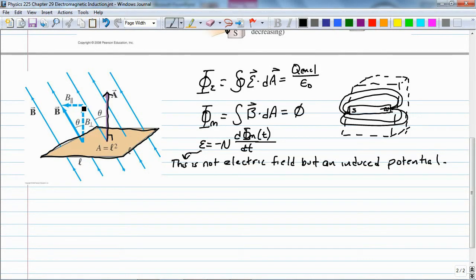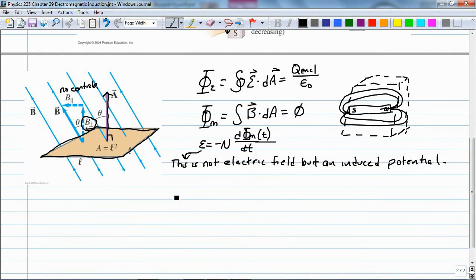Anything that's parallel, there's no contribution, and only the perpendicular part contributes. So I'm going to have this angle here, theta, and it's the cosine that I'm interested in.